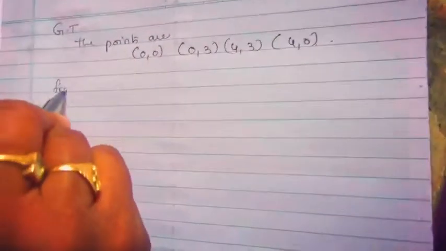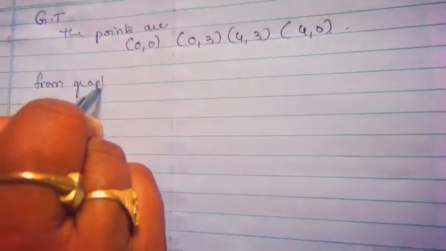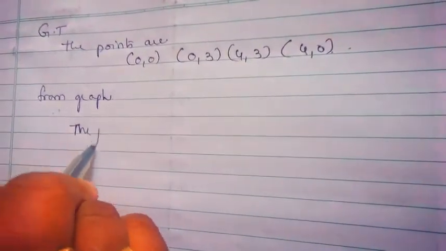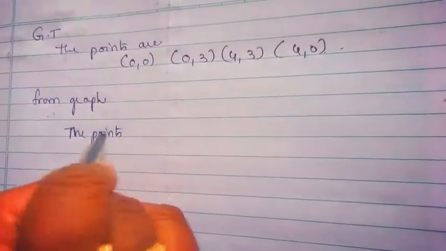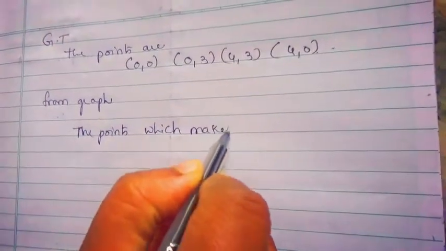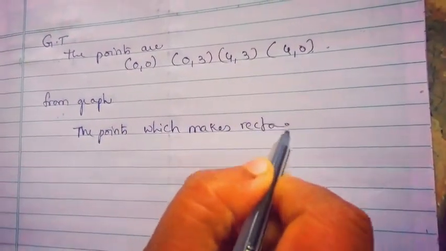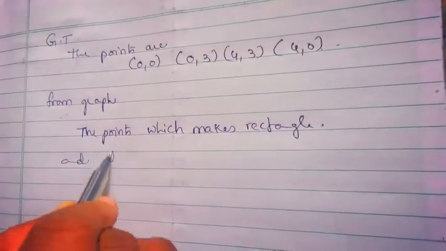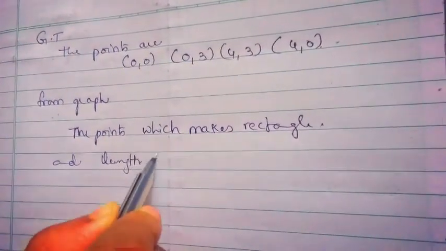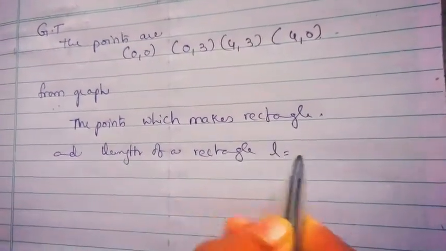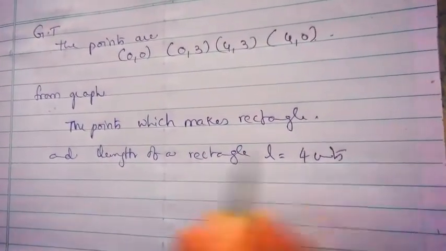So hence from the graph, the given points make a rectangle, and the length of the rectangle L is equal to 4 units.